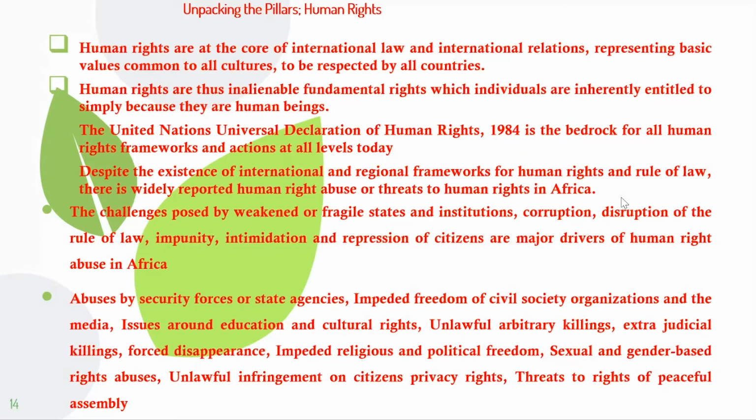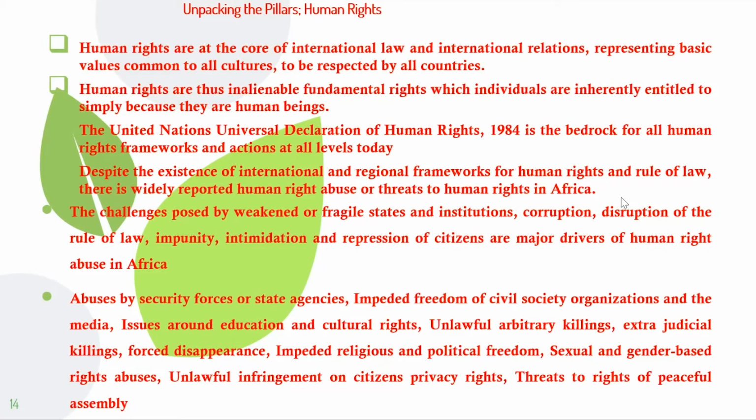Human rights are the core of international law and international relations, representing basic values common to all cultures to be respected by all countries. Human rights are thus inalienable fundamental rights which individuals are inherently entitled to simply because they are human beings.